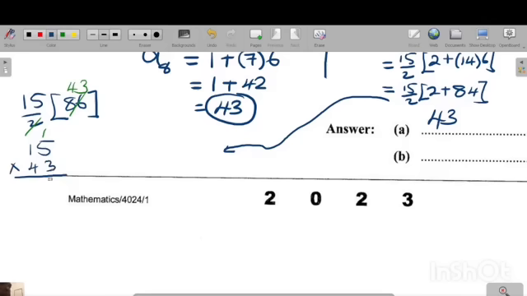So we are going to say 3 times 5 is 15. You write 5, carry 1. 3 times 4 is 12, plus 1 is 13. Okay? Then 1 times 5 is 5... Then add.